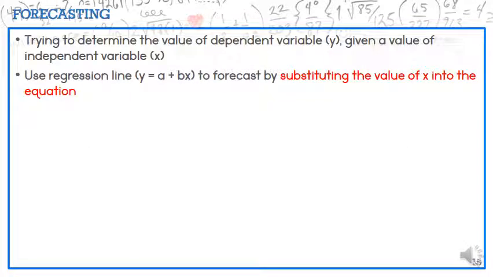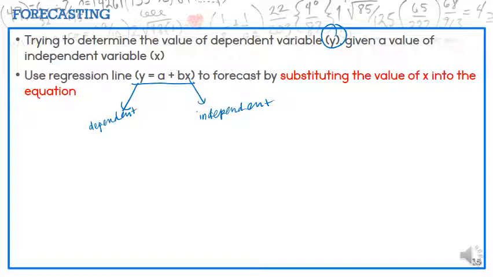So if the question asks you to forecast, okay, trying to determine the value of dependent variable y given a value of independent x. So we are going to forecast dependent variable y by using the value of x given, using your regression line y equals a plus bx, where y is your dependent variable and x is your independent variable.